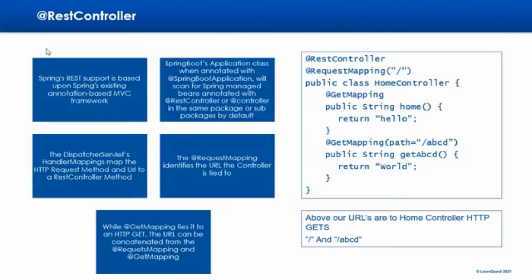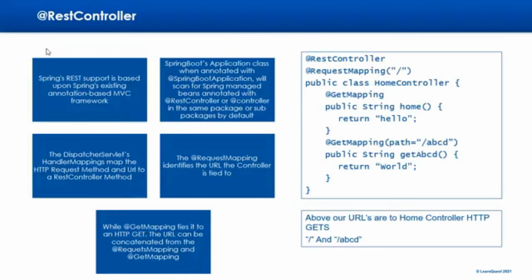It will map URLs of an incoming HTTP request to the request mapping of a controller, and then map the method that HTTP was using to a particular method within that controller.